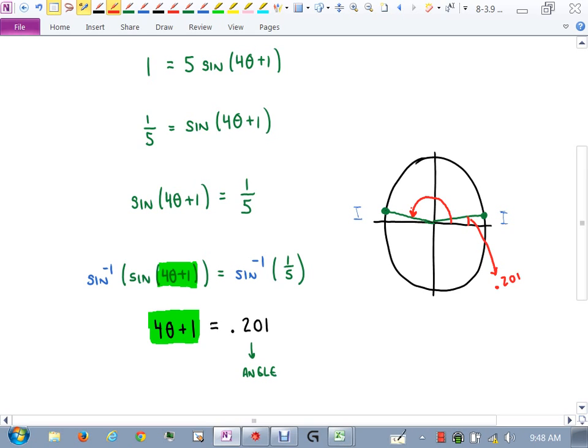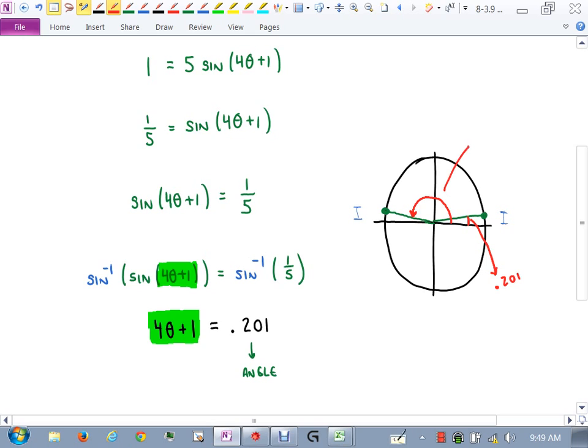You're correct, but we won't even need the inverse though. Let's just think about it as a measurement. If I'm telling you that this measurement here is 0.2, what is it all the way to the other side? What's that measurement? That's pi, right? All the way to the other side is pi. So we want to take that pi, which is 3.14, and we want to subtract from it how much? 0.201. That's how much that angle would be.